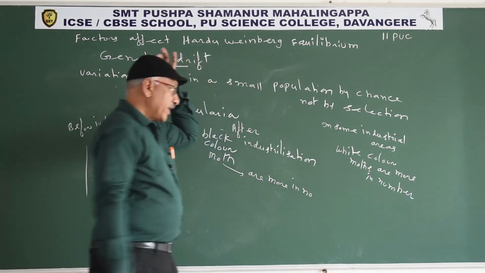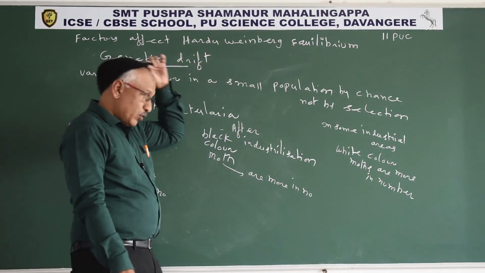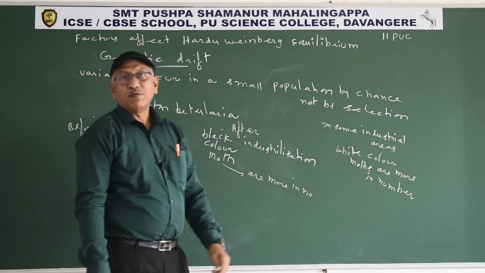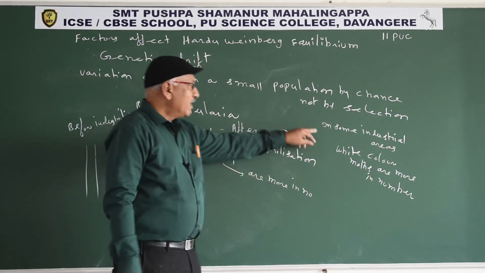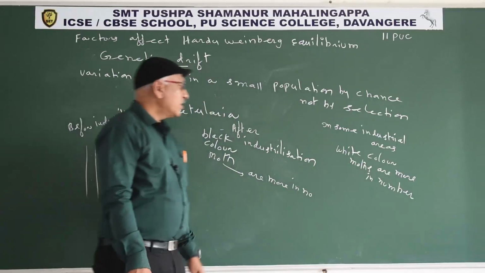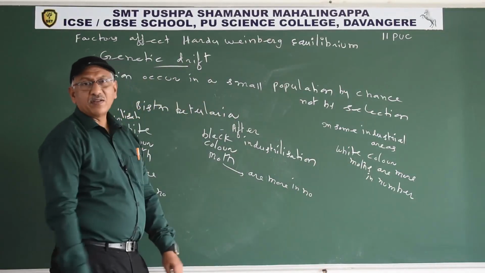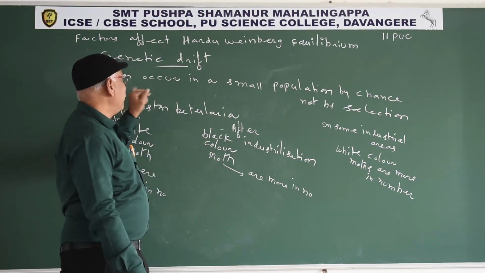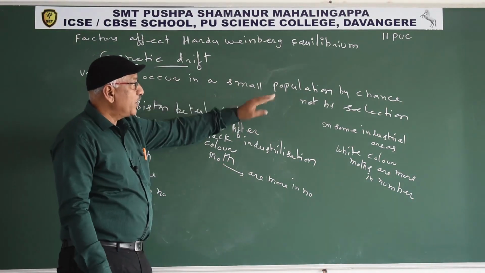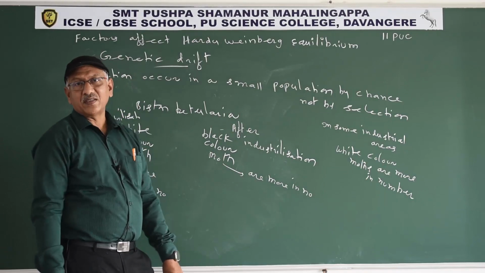In some industrial areas, white color moths are more, which means it is against natural selection. That is genetic drift. Variation occurring in a small population by chance, not by selection.